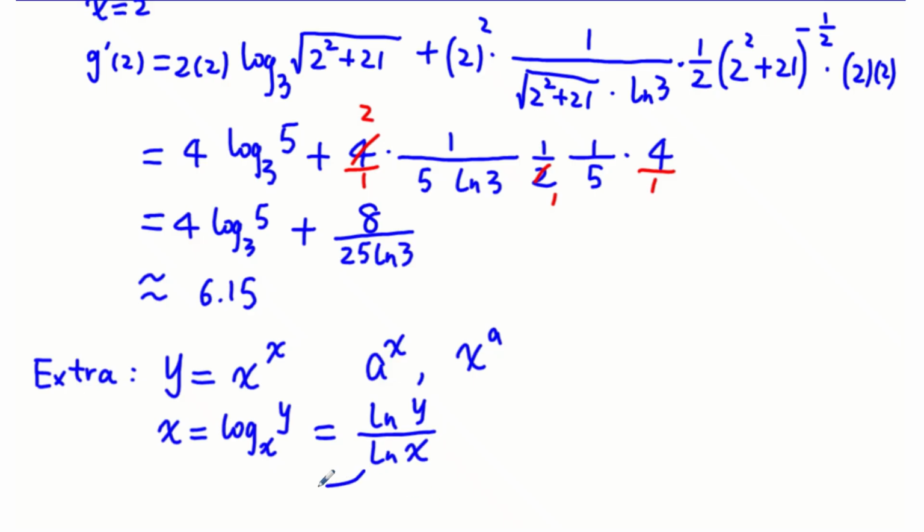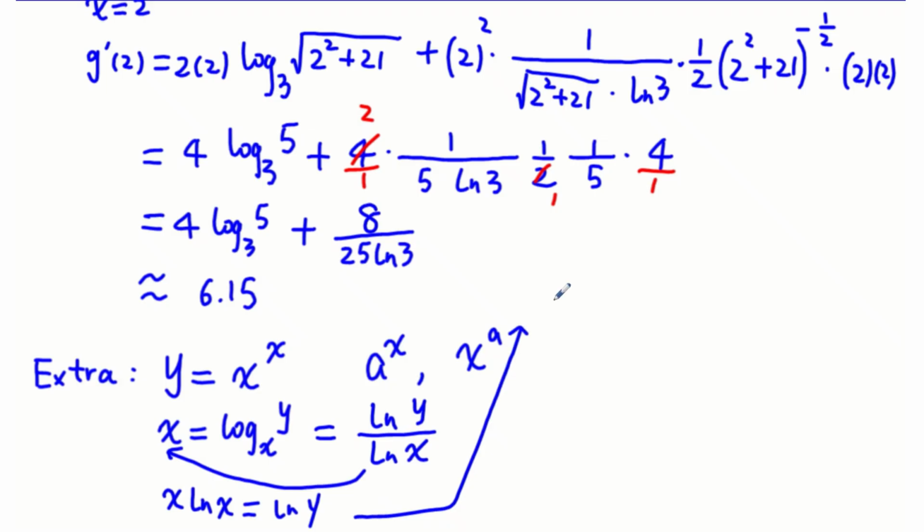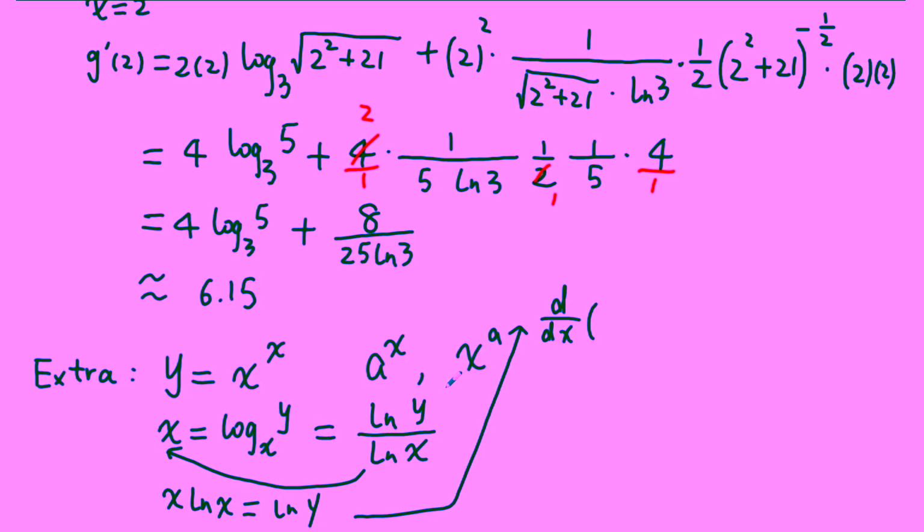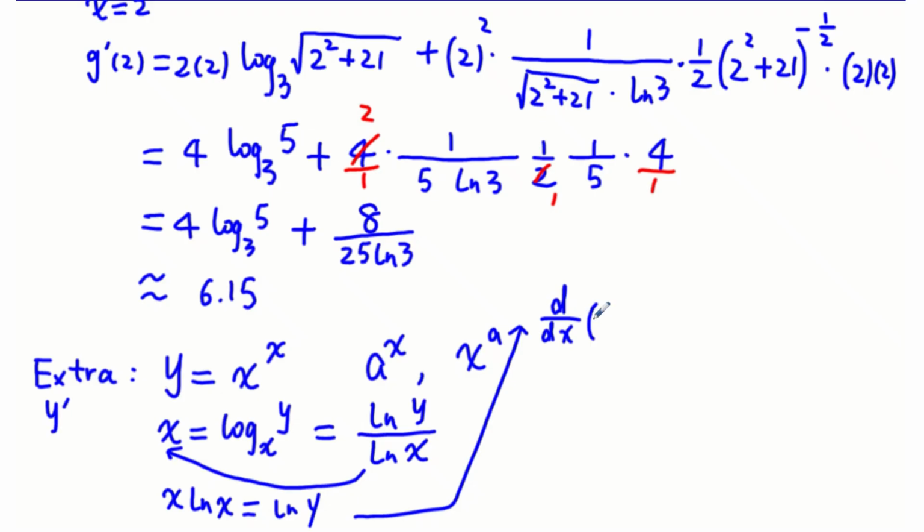Then we move the ln x to the other side. We have x times ln x equals ln y. Then we could take the derivative of both sides to find y prime. So our goal is to find dy over dx. This is an interesting question, it's not required.